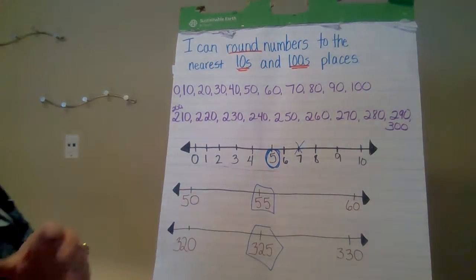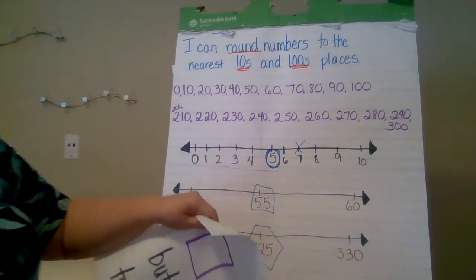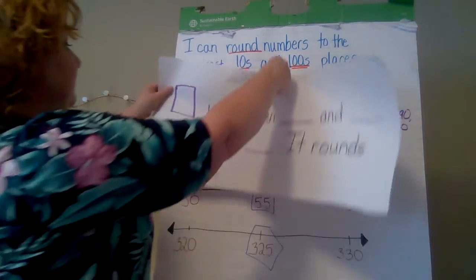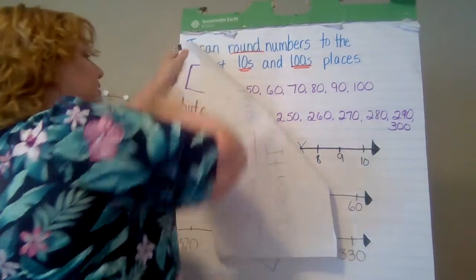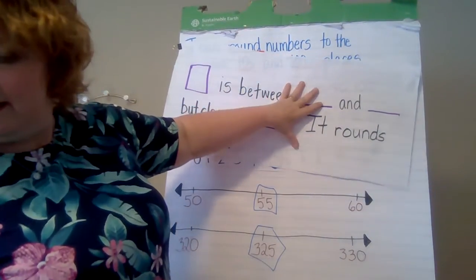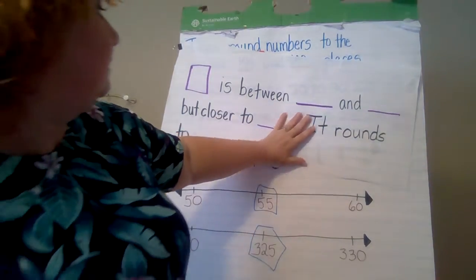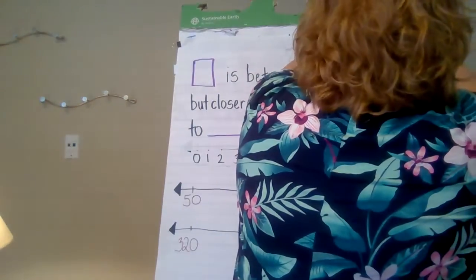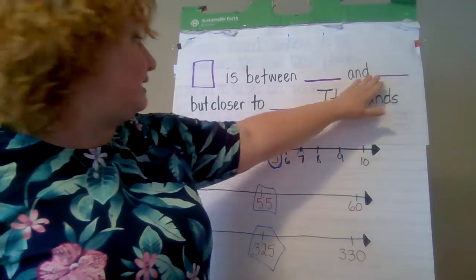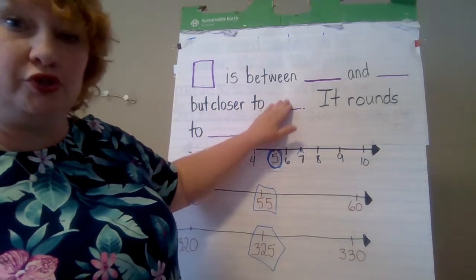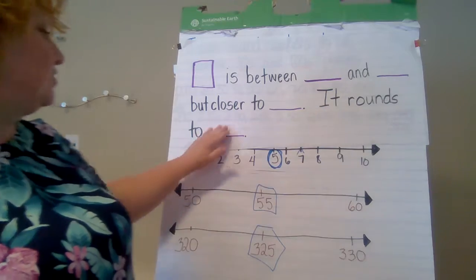I have a phrase that helps us to learn this. Our phrase is: a number is between blank and blank, but closer to this, it rounds to here.